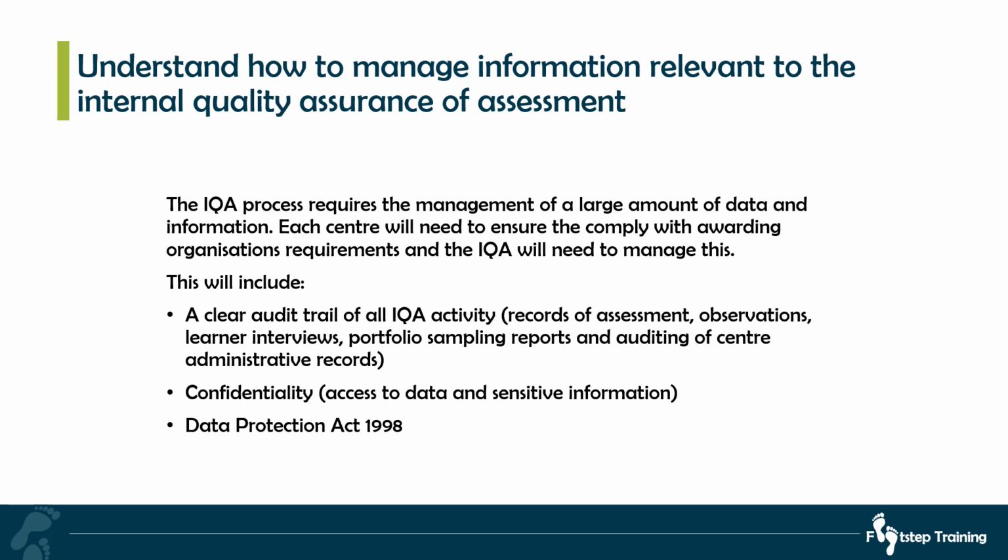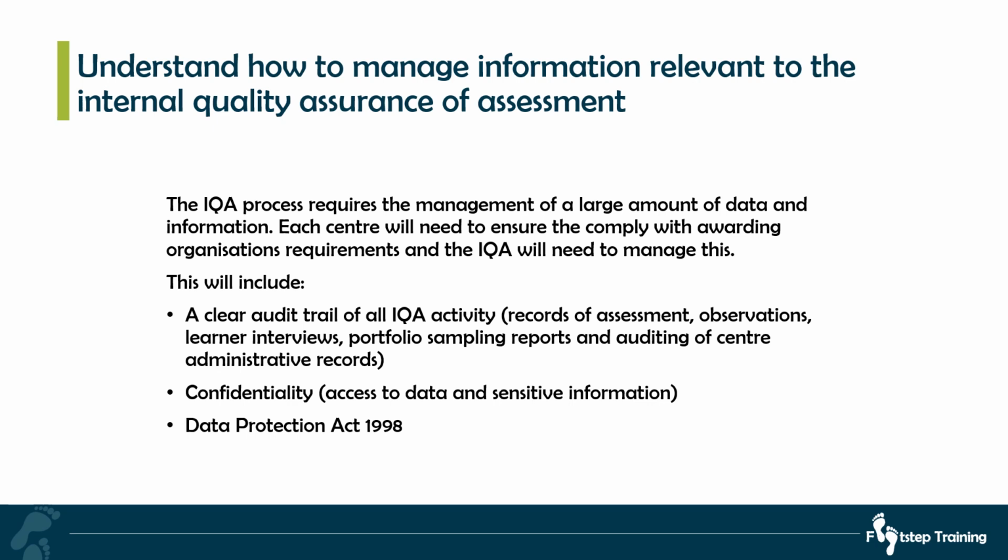The IQA process requires the management of a large amount of data and information. Each training provider will need to ensure they comply with awarding organisations' requirements, and the IQA will need to manage this. They will need to include a clear audit trail of IQA activity. This includes records of assessment, observations, learner interviews, portfolio sampling reports, and auditing of centre administrative records.